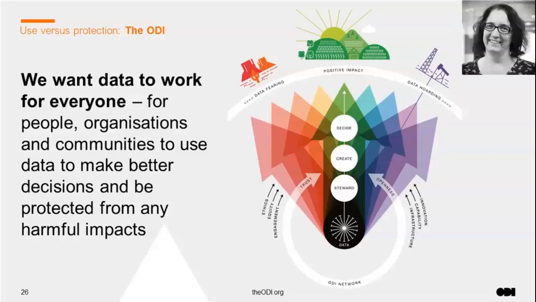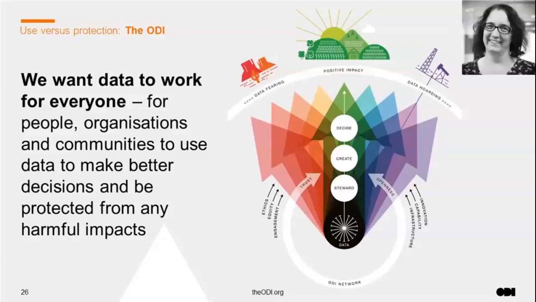The diagram here is our theory of change, or data ecosystem map, of what we see going on in the data ecosystem, where we see both organizations hoarding data, keeping hold of it and stopping others from using it, and people being very concerned and fearful about the way in which data might be used, misused against them.